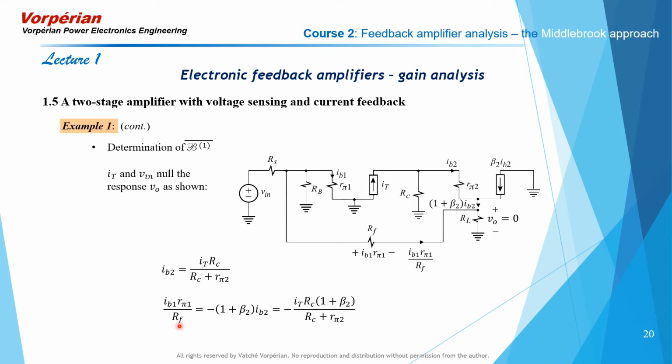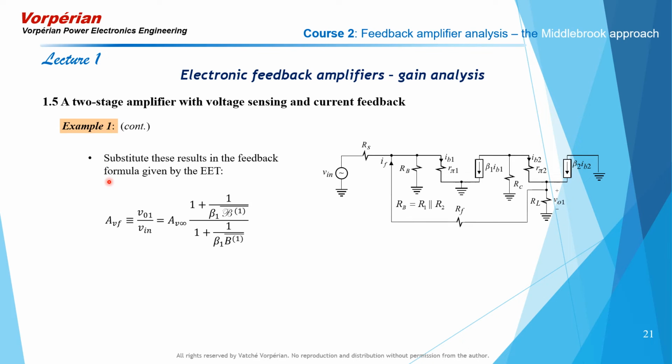And that means that I can now solve for IB2 to IT with the response nulled from this expression here. And we get this. And we're done as far as the three components of the extra element theorem with respect to β1 are concerned, which is the feedback formula.